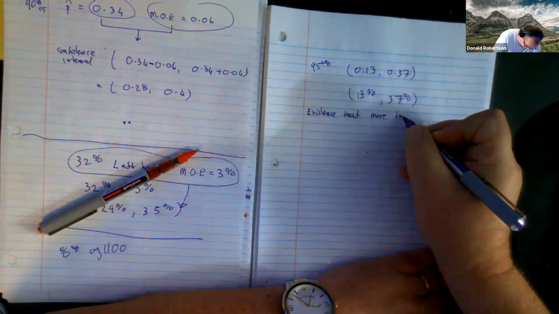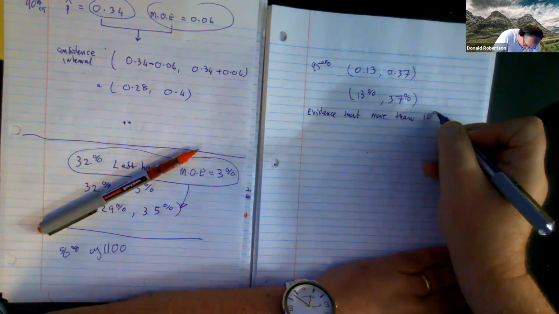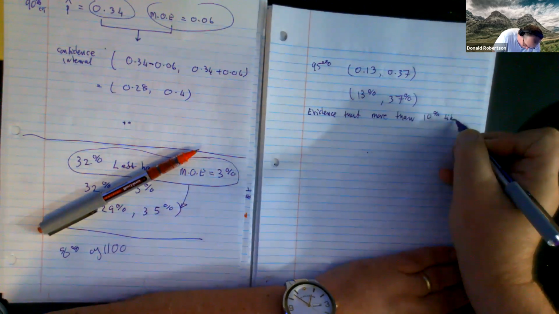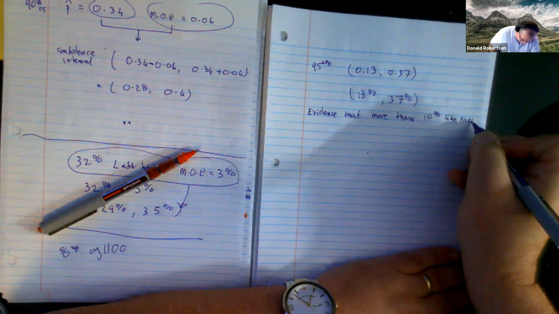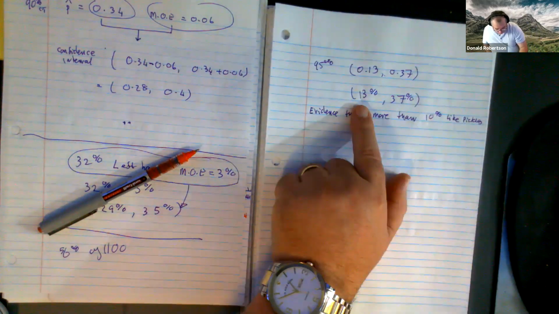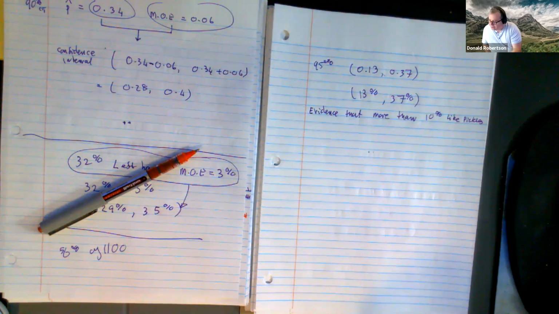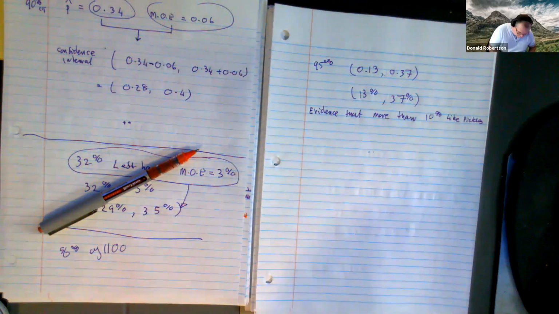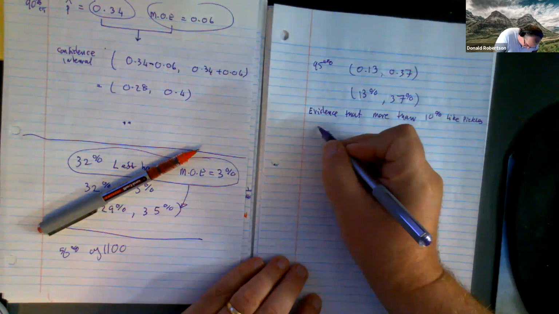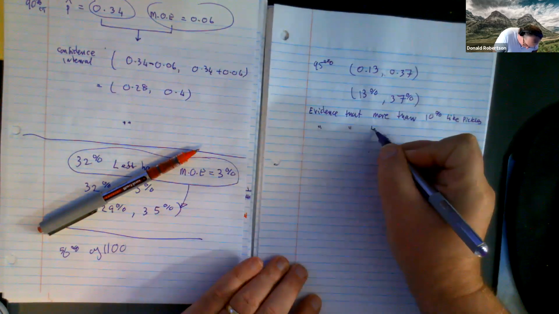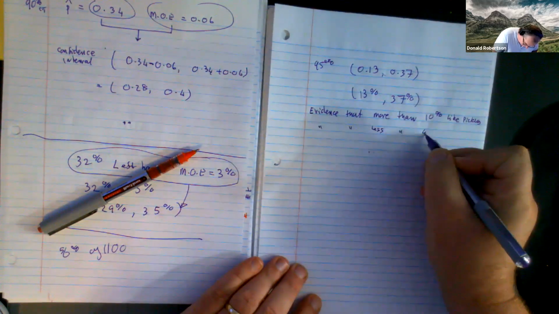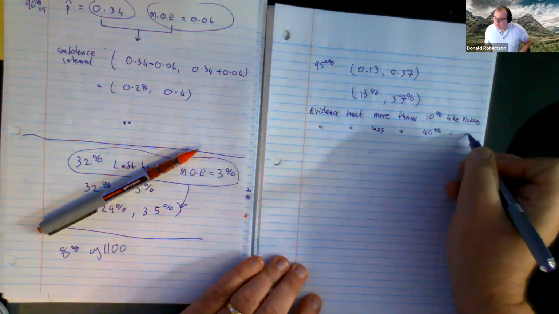more than 10% like pickles. And how can I say it? Aren't all these numbers bigger than 10%? Would you agree? More than 10%, they're bigger. Can I also say that there's evidence that less than 40% like pickles?